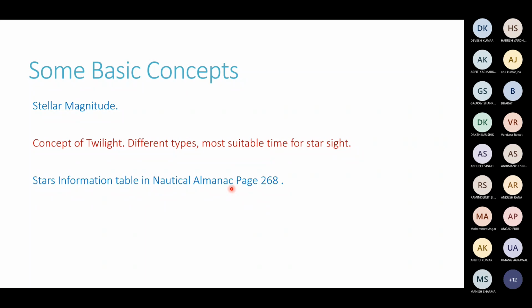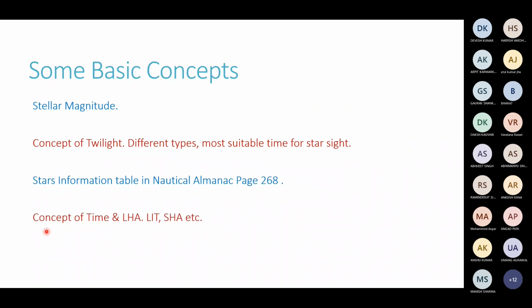But there are many more stars in the sky which may be used for sight taking. All these stars are listed in a separate table in the nautical almanac. Since we are using the 1992 nautical almanac for our exam purpose, in that almanac we have that star table given at page number 268. We will have a look at how the table looks, and what information the table provides to us.